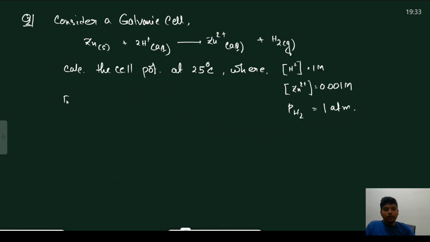The E naught value of zinc to zinc 2 plus oxidation is given as 0.76 volt. Now calculate E naught of this cell.